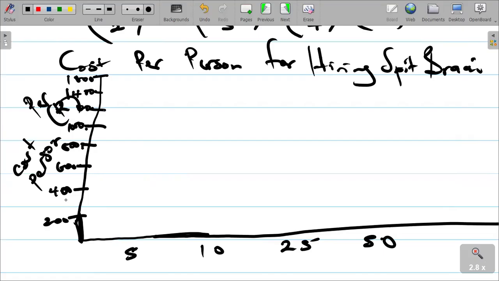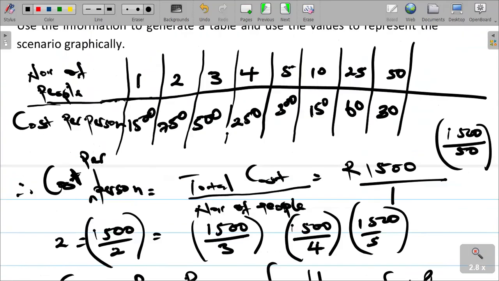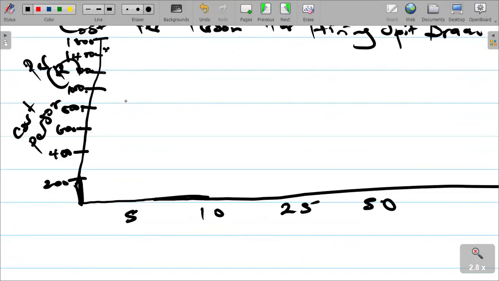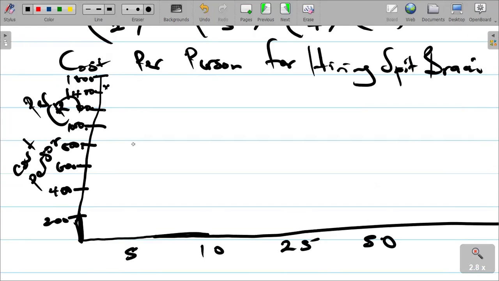So from one person, it's 1,500, which we can mark there. And then for 5 people, the cost is 300, which can be somewhere here.